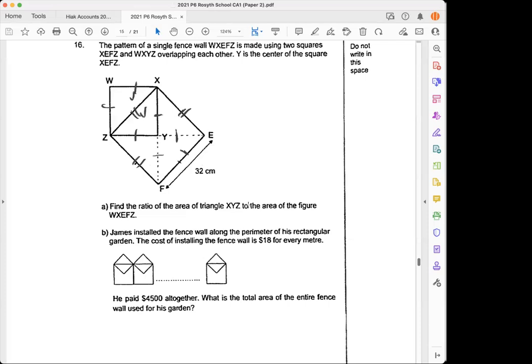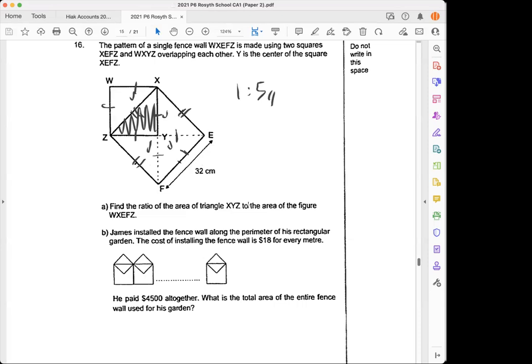How many of them? 1, 2, 3, 4, 5. 5 identical triangles. So the question is triangle XYZ, which is one unit, one triangle, to the area of WXEFZ, which is made up of 5 triangles. So this is the answer.